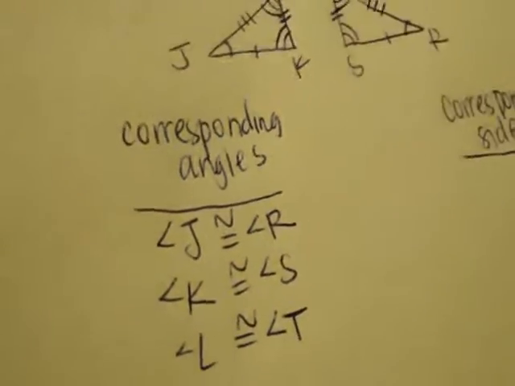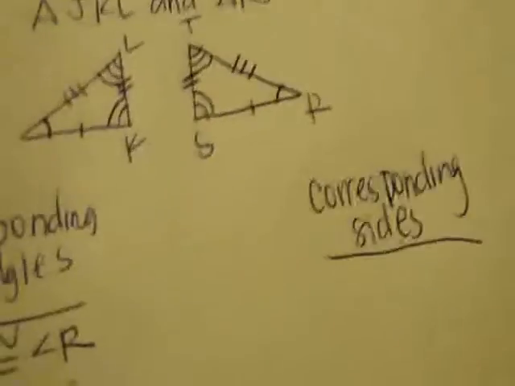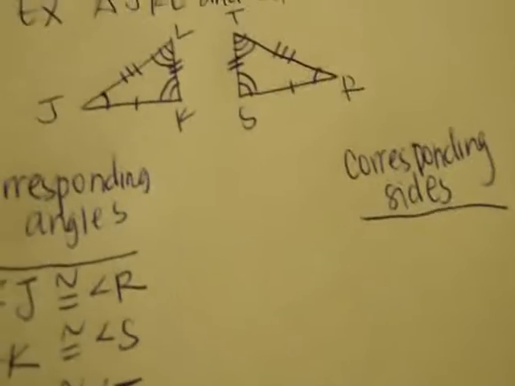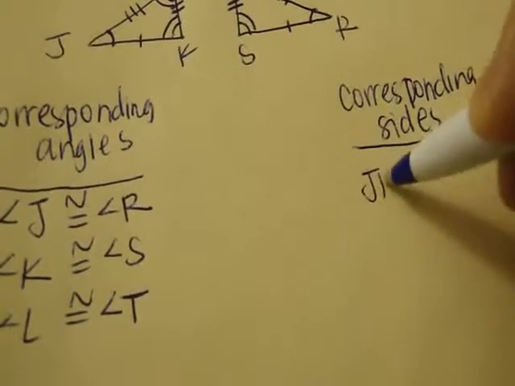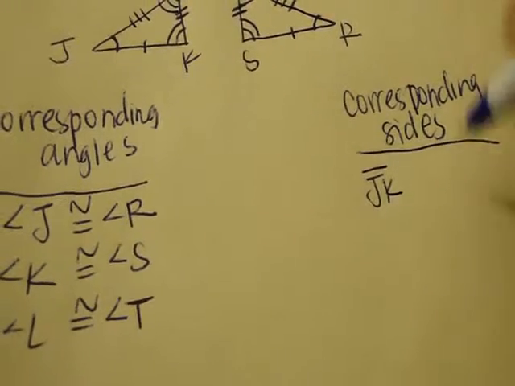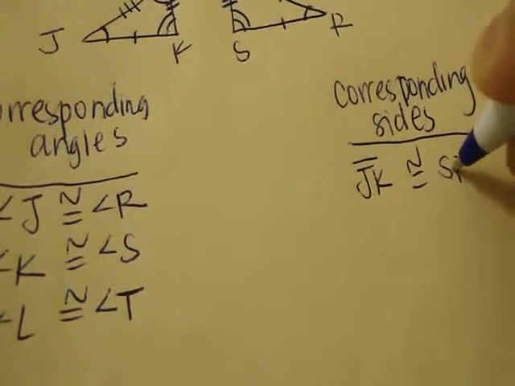Okay, I'm going to do the same thing with the sides. Okay, corresponding sides. So side JK is congruent to side RS.